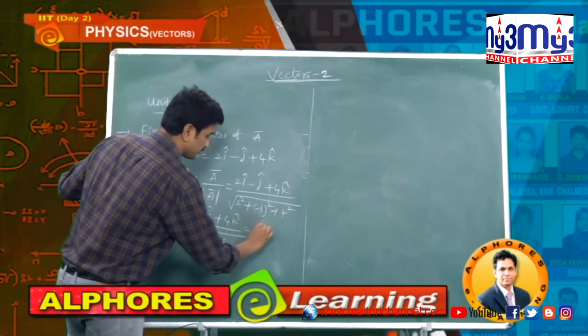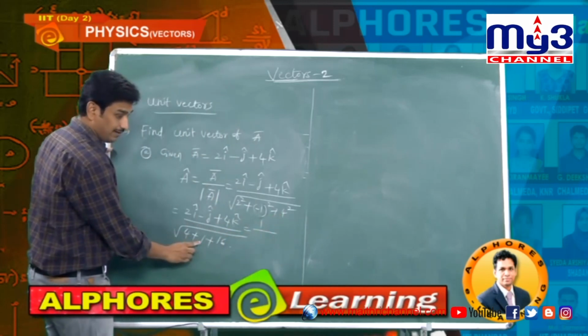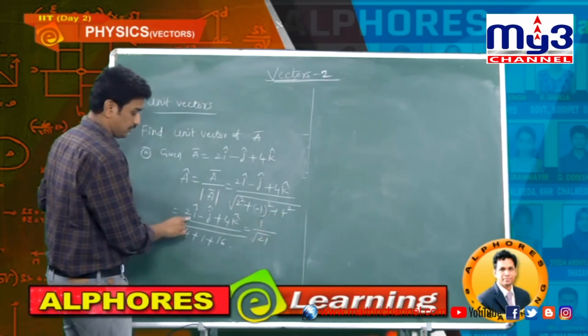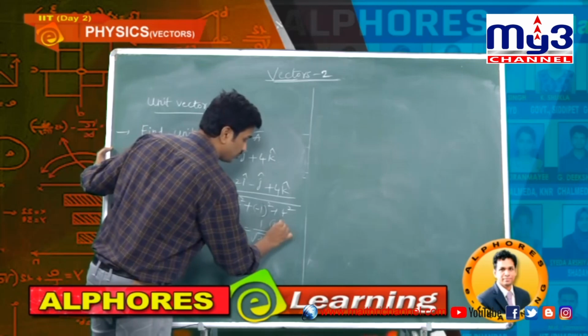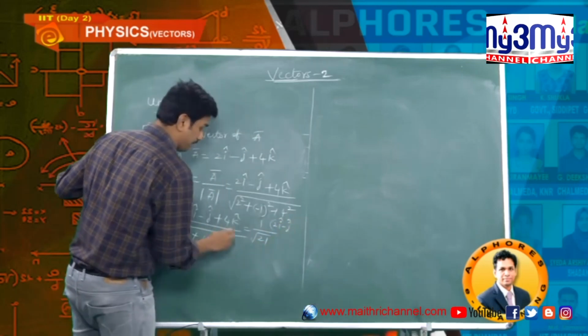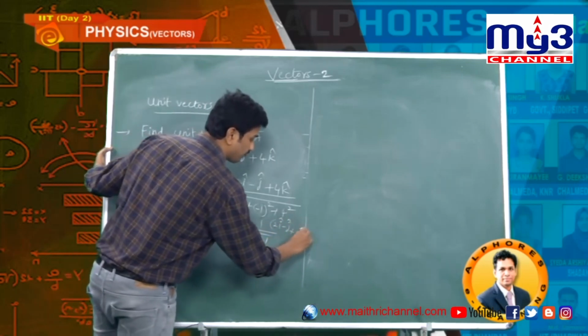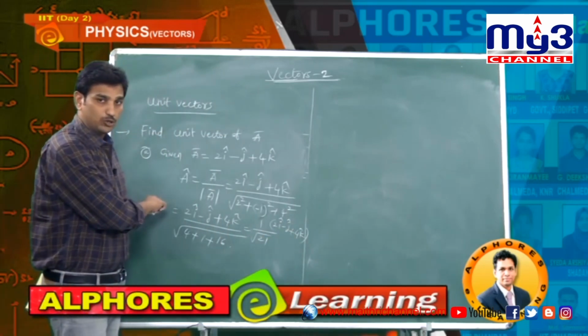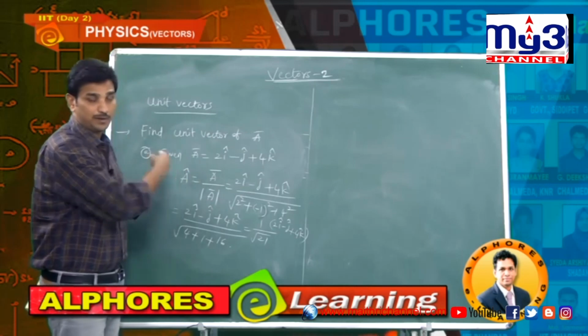Now 1 by 4 plus 1 is 5, 5 plus 16 under root 21. Numerator as it is, 2 I cap minus j cap plus 4 k cap. I think you understood how to calculate the unit vector of given vector A bar.